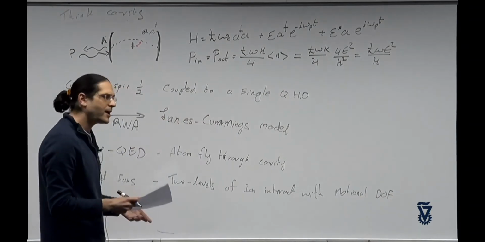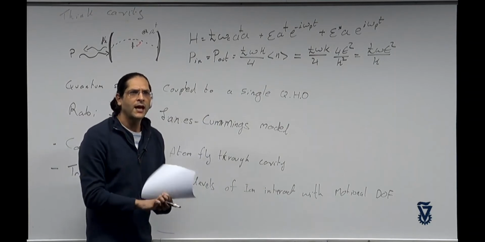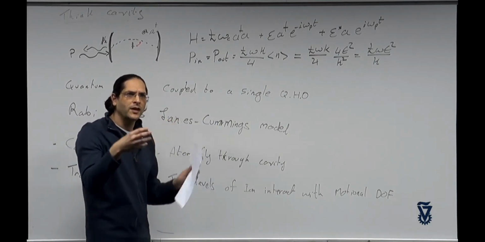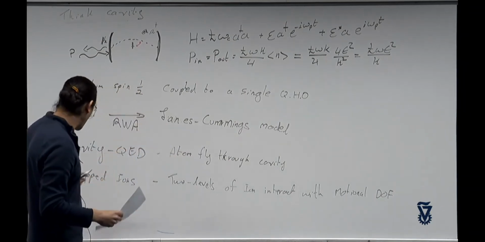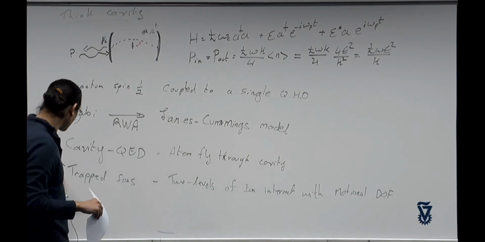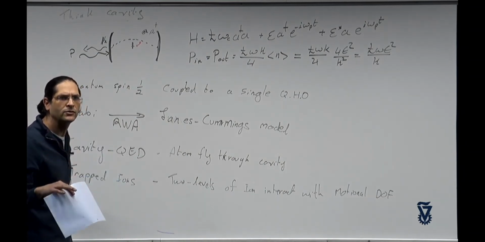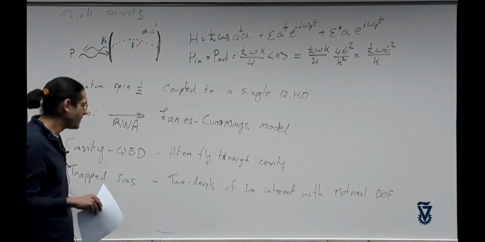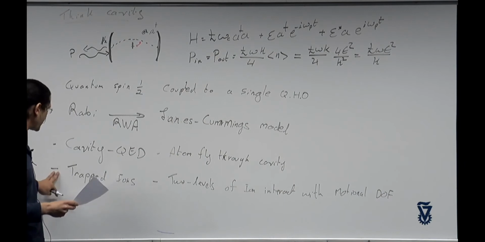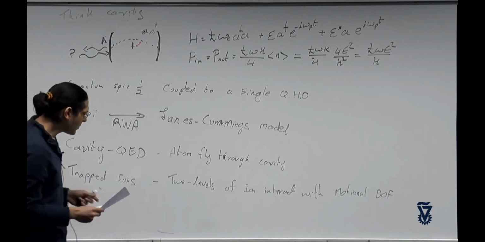In trapped ions, the harmonic oscillator is not a quantized electromagnetic field, it's quantized vibrations of the ion. The ion is trapped in this trap, and you're going to have a guest lecture by Roy Ozeri on January 17th. There's already a link to that Zoom lecture on the website. There you will learn how the system works.